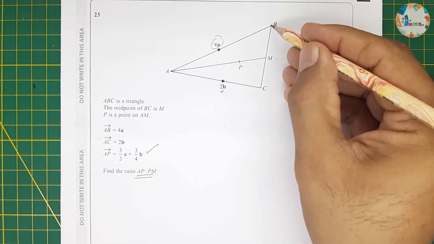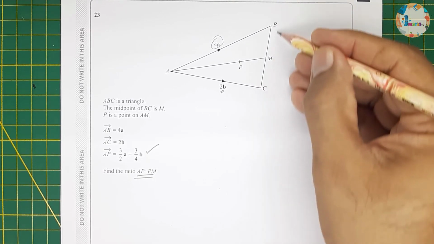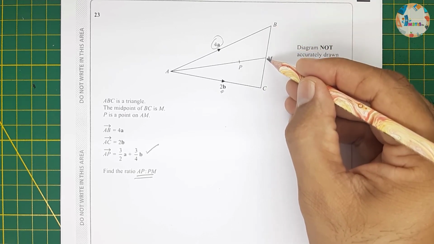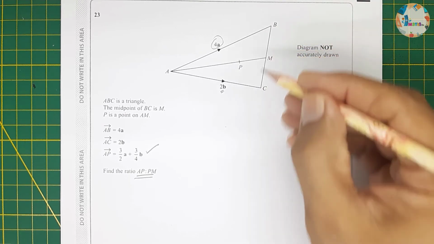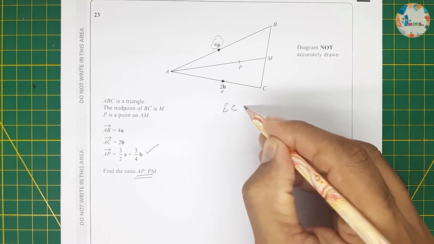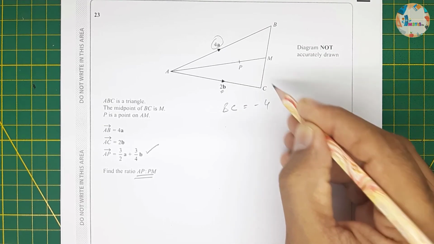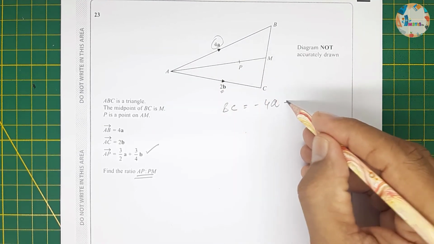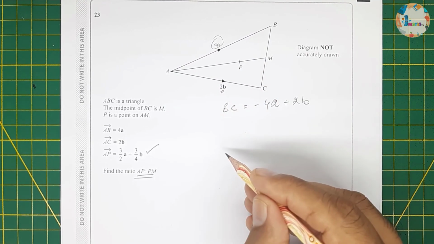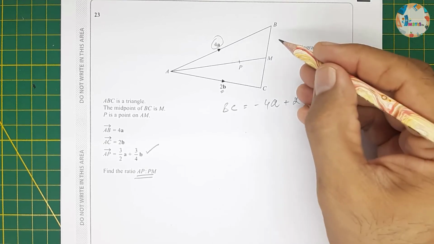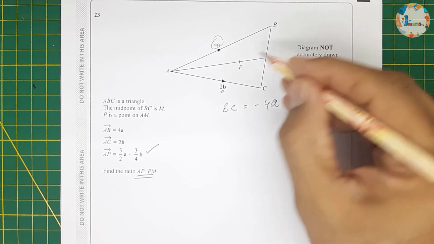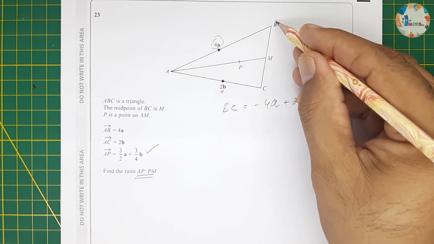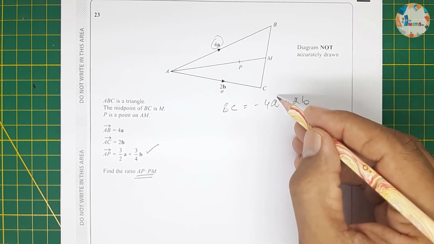If we check, first of all, we have to find this BC, because we will be using this ratio. So BC will be equal to minus 4A, this root we will be taking, minus 4A plus 2B. This will be the value of BC. Now we can find AM also, because BM will be half of this.